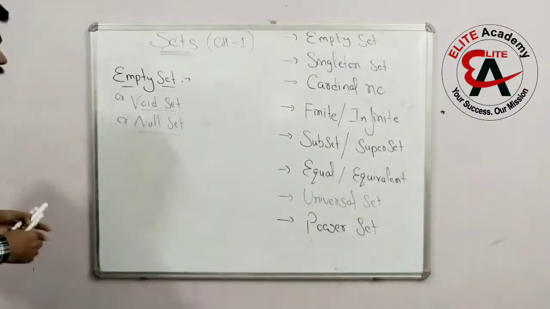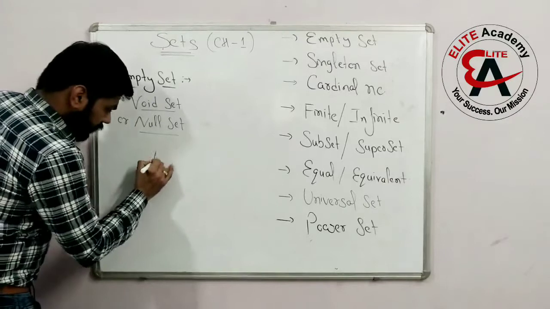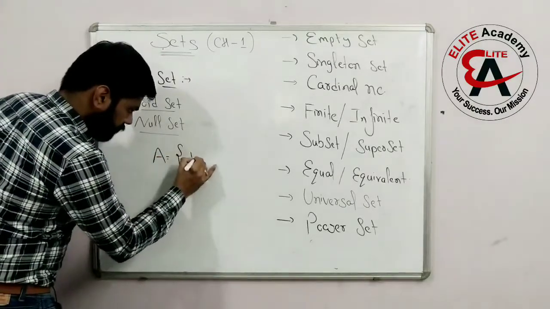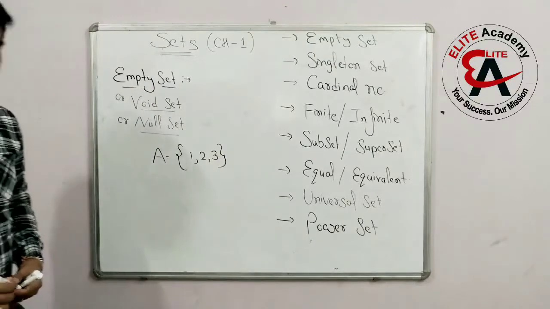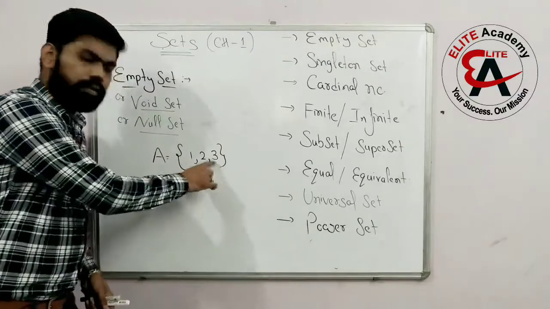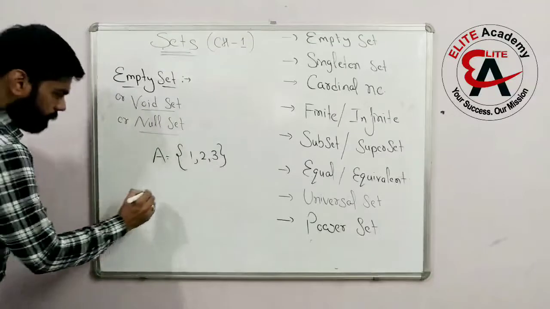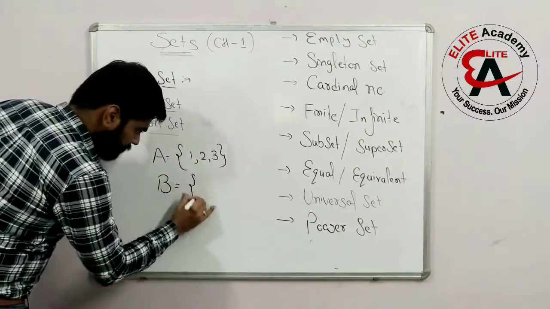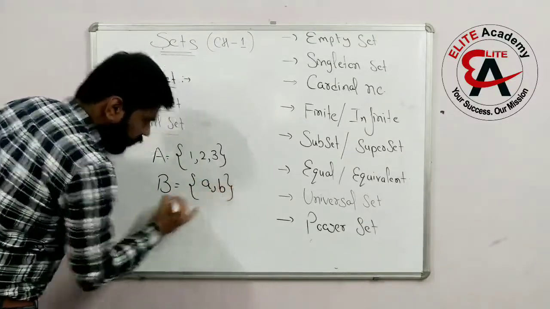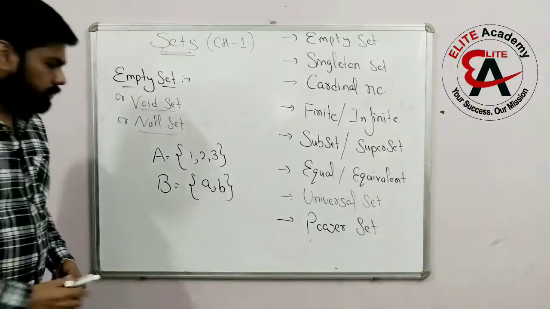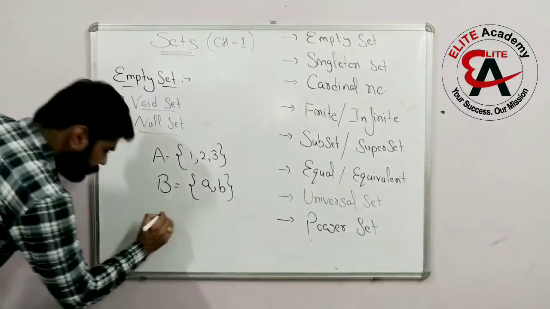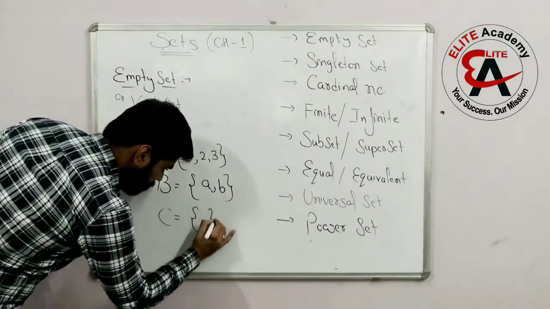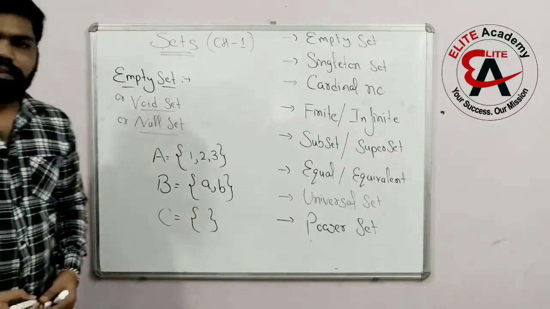That means if I write a set, how many members are there? 3 members, 1, 2 and 3. How many members are there? 2 members, A and B. But if I'm writing an empty set, how many members are there?